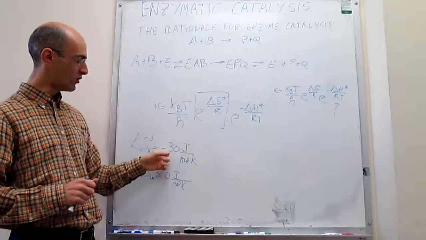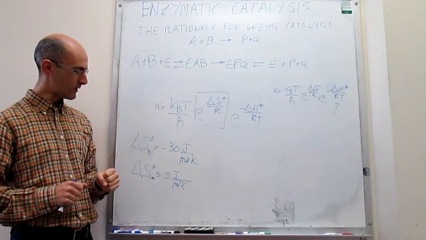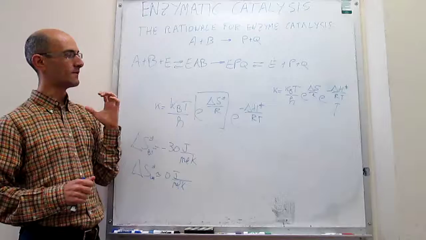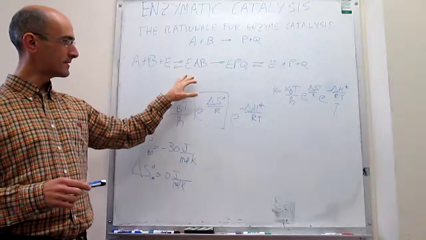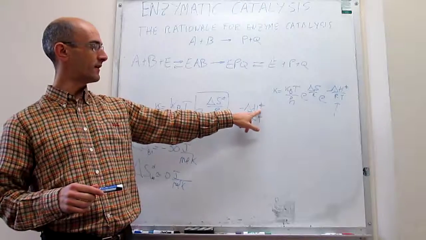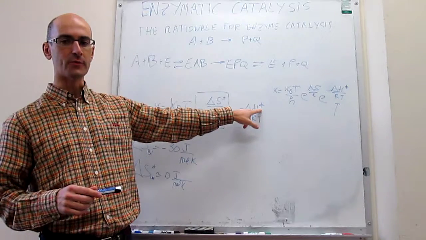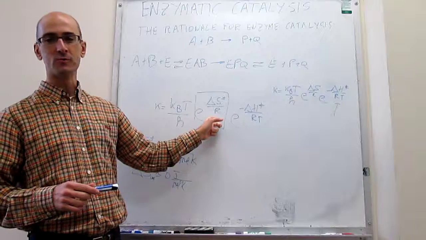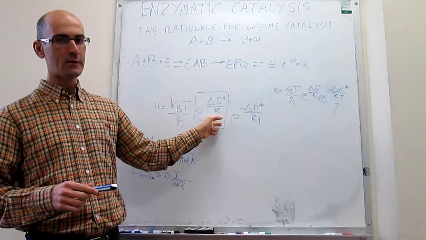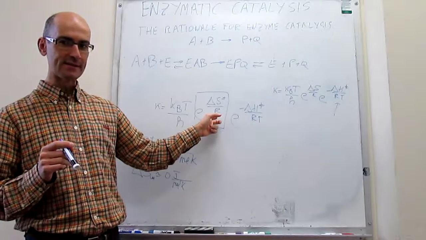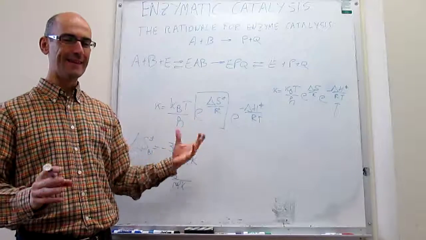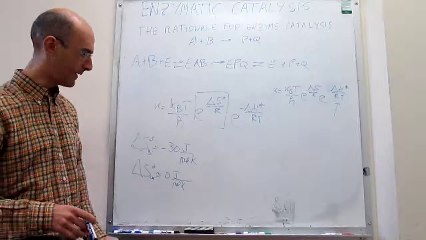That would not be the case when you have this reaction in the absence of a catalyst. So while the catalyst decreases the enthalpy of activation, which makes the reaction faster, it also makes this term favorable, because in enzyme catalyzed reactions the rate limiting step is usually unimolecular, and that does not have a large entropic penalty.